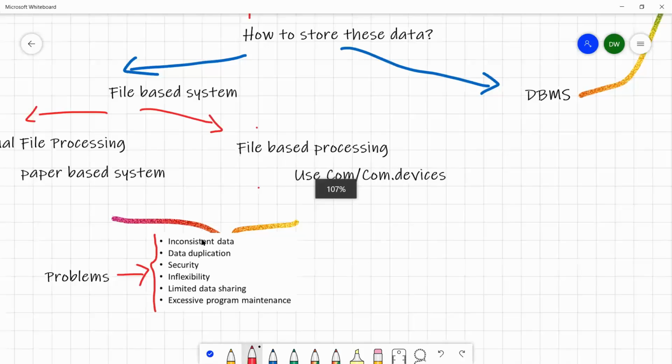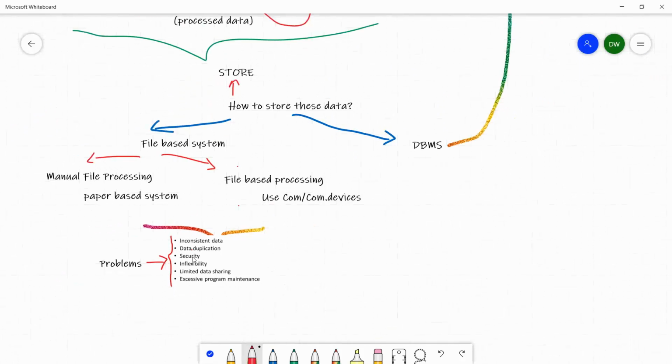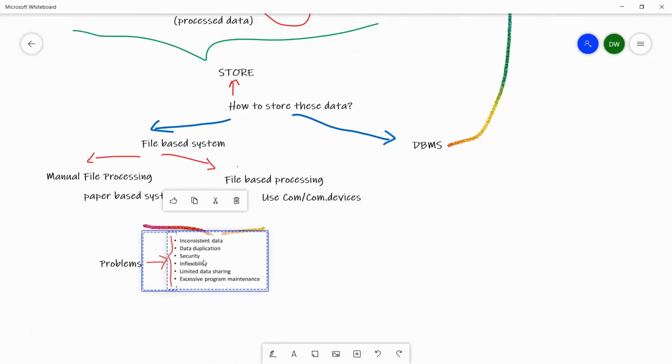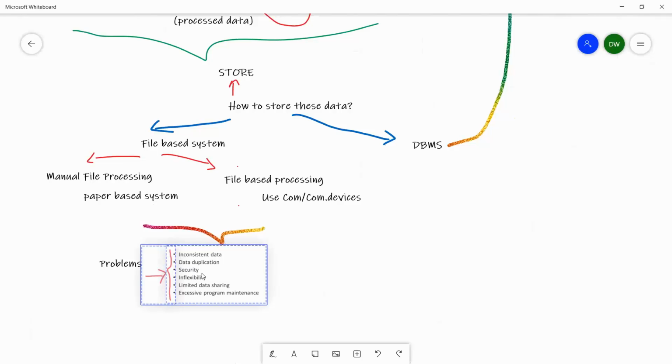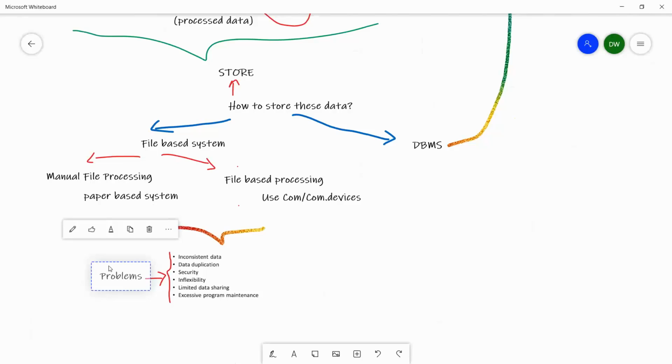Sometimes we do not forget about them; in parallel we use these two, right? Okay. So because of these problems, we go for database management systems.